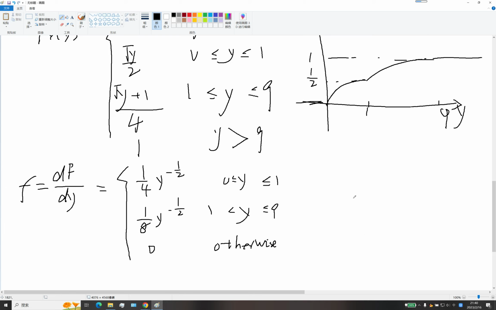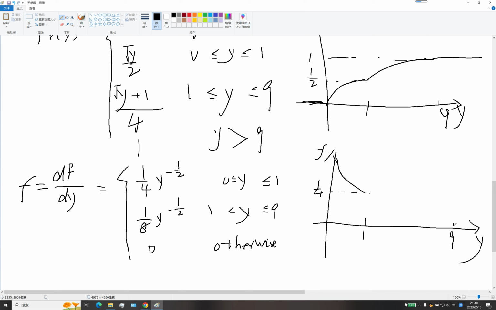So drawing it, we can get this. When it is between 0 and 1, it is a curve like this, and the end of it is 1 over 4. And when it is between 1 and 9, it is a curve like this. So this side is 1 over 8, and the end of this is 1 over 24 if we put 9 into it.